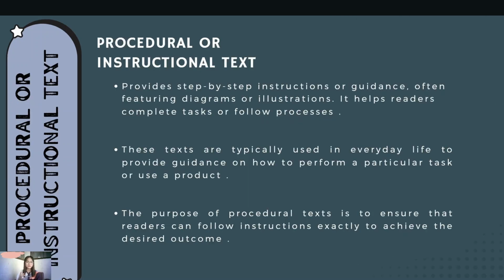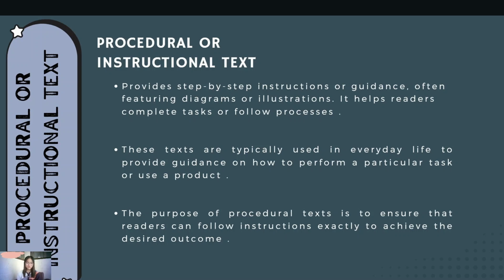The fourth type of text that I have here is the procedural or instructional text. It provides step-by-step guidance or instructions on how to complete a specific task or process. By the word itself, procedural or instructional, it is designed to help the reader achieve a desired result by following a sequence of actions.